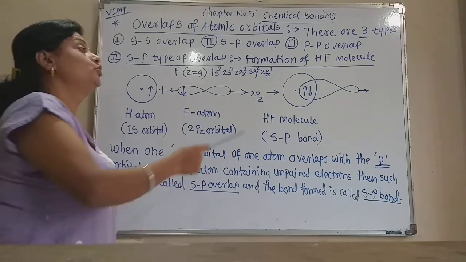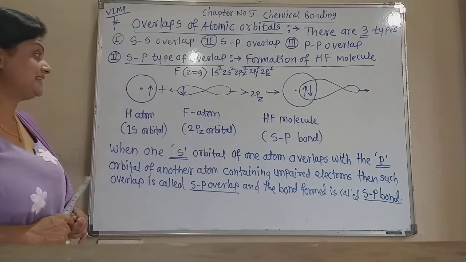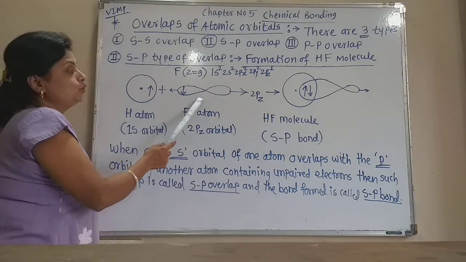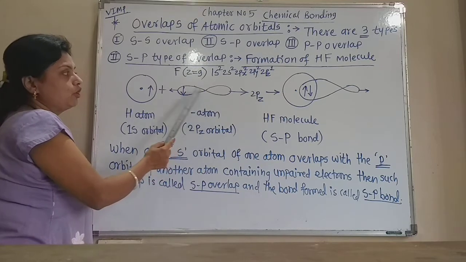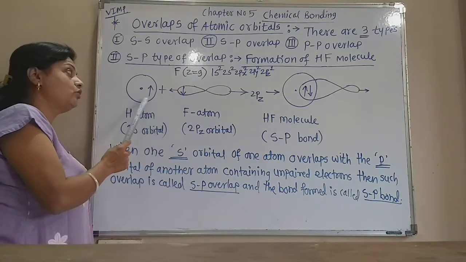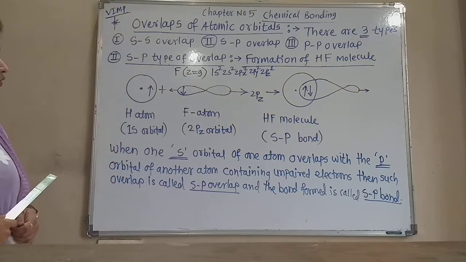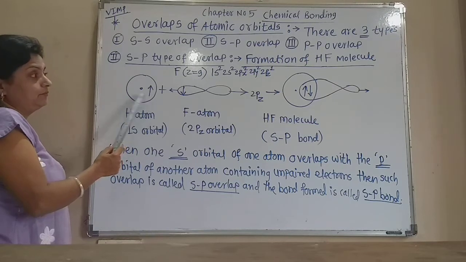That means this 2pz orbital is the half filled orbital on the z axis. Now this is the 2pz orbital of the fluorine atom, containing the unpaired electron with the opposite spin of this hydrogen electron. This is the hydrogen atom, it has the 1s orbital having an unpaired electron.